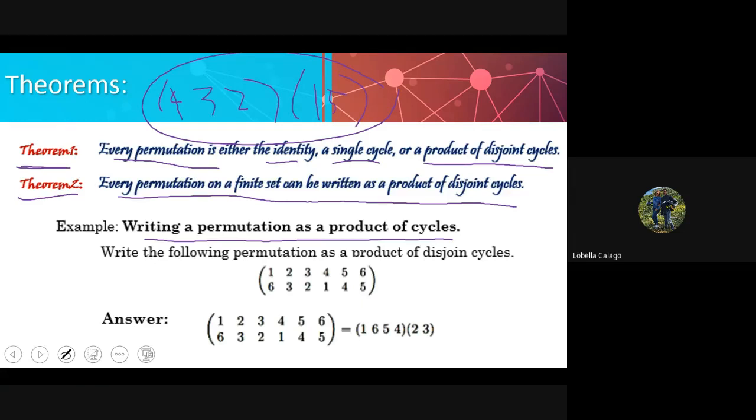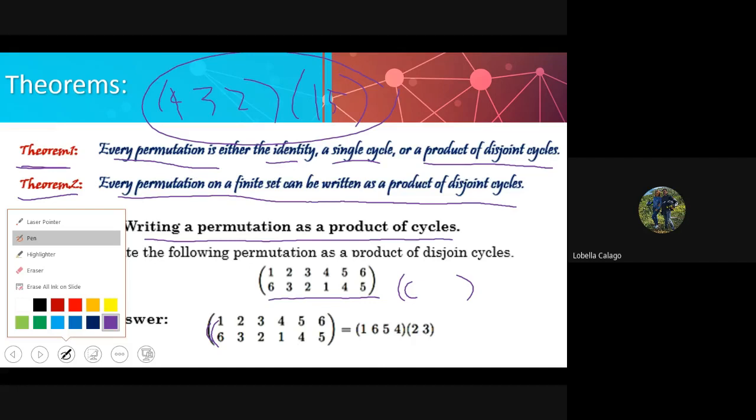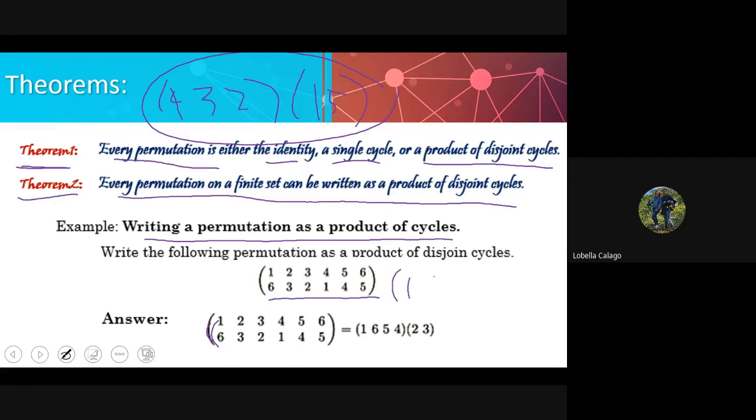This is our permutation. Now, we look at 1 maps to 6, so 1 comes first, then 6. 6 maps to 5, then 5. 5 maps to 4, then 4. 4 maps to 1, so we no longer write 1 because we already have 1 at the start. Okay, stop. So 2 and 3 were not included. This is the disjoint cycle.